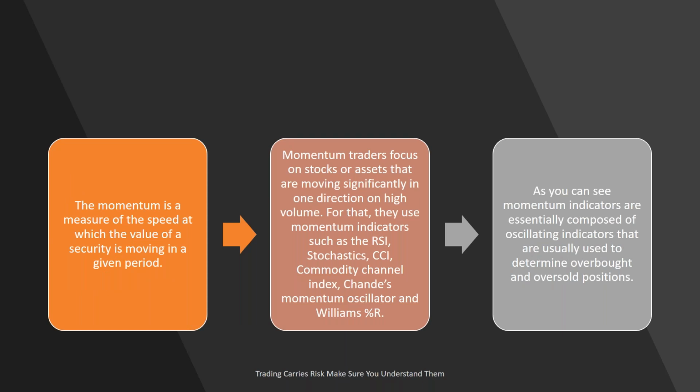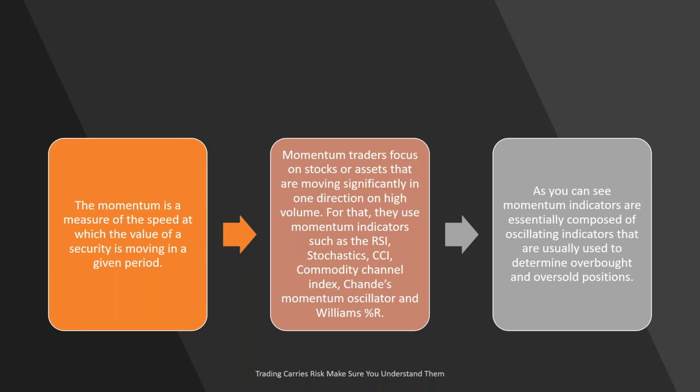The momentum is a measure of the speed at which the value of a security is moving in a given period. Momentum traders focus on stocks or assets that are moving significantly in one direction on high volume. For that, they use momentum indicators like RSI, stochastic, CCI, Chande's momentum oscillator, and Williams %R.